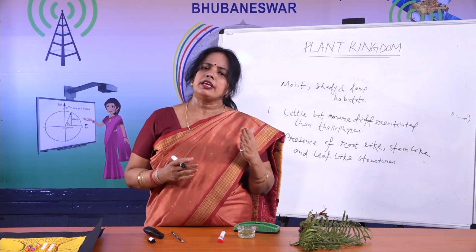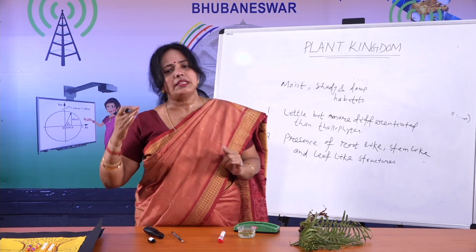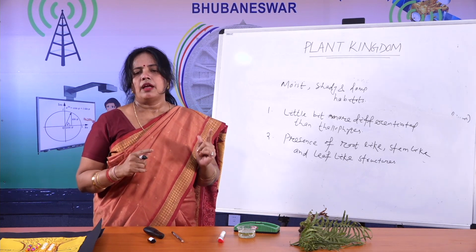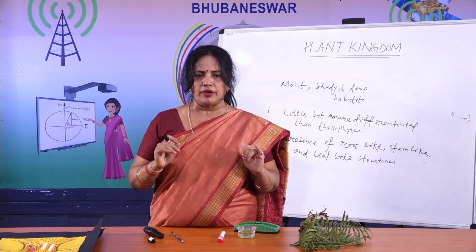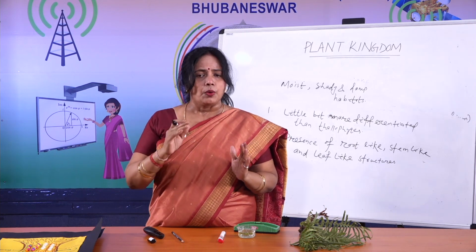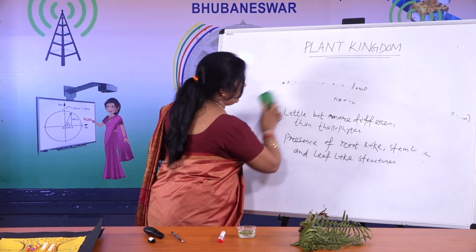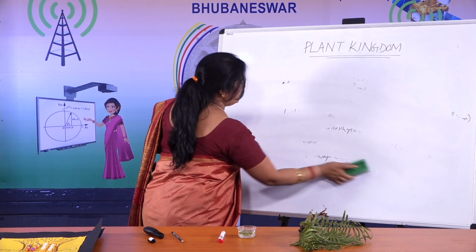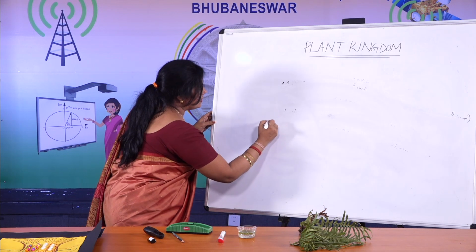They have the male sex organ called antheridium and the female sex organ called archegonium. So the antheridium and the archegonium are the male and female sex organs in case of bryophytes. How do the sperms go and reach the egg? So that one I will first show you here so that you can understand in a better way. See how the male sex organ looks, just like this.